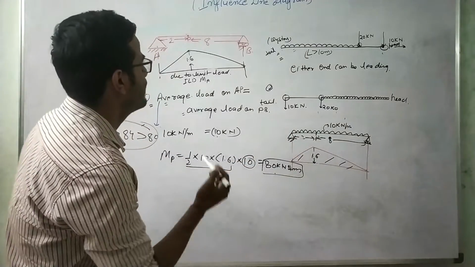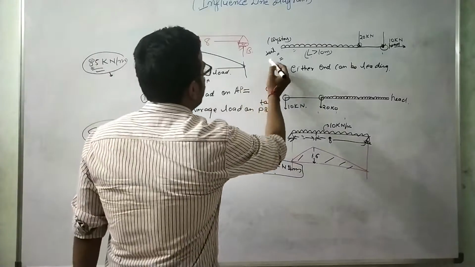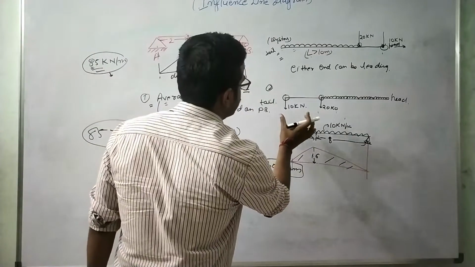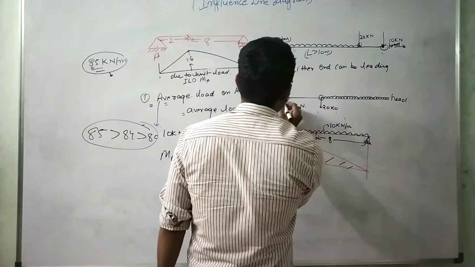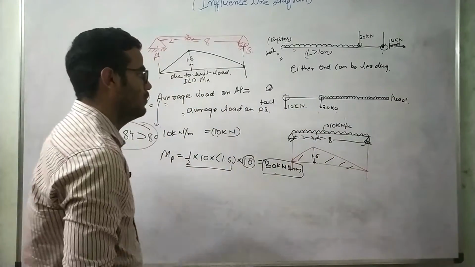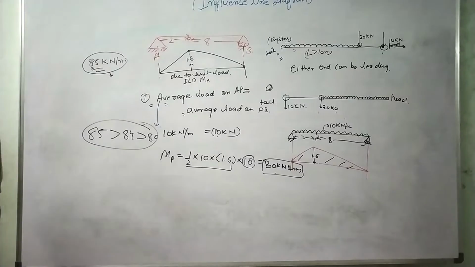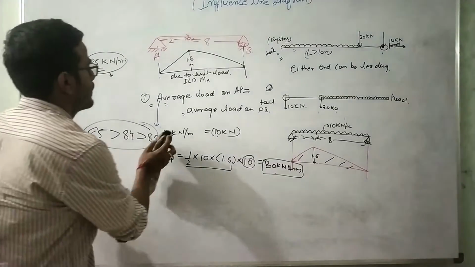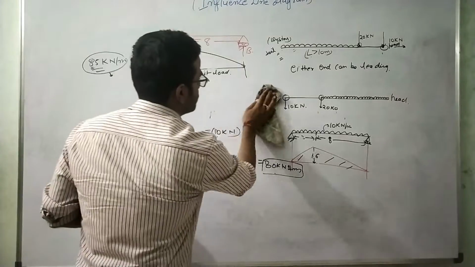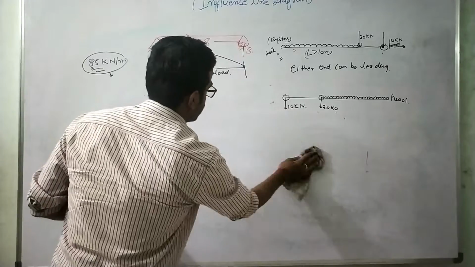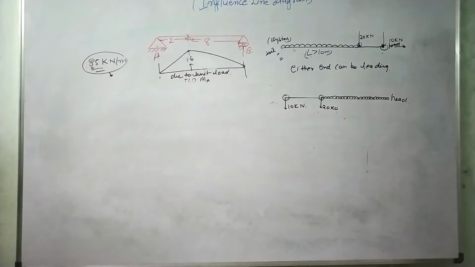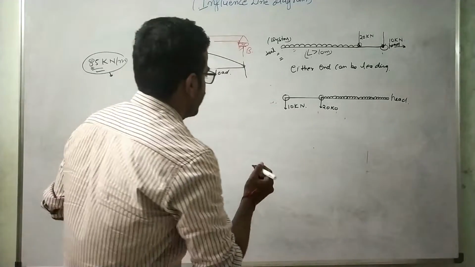So we have discussed one system. Now we will discuss another system where the UDL is leading, and this 10 kilonewton load is coming at the tail. Now let us draw the beam again over here.